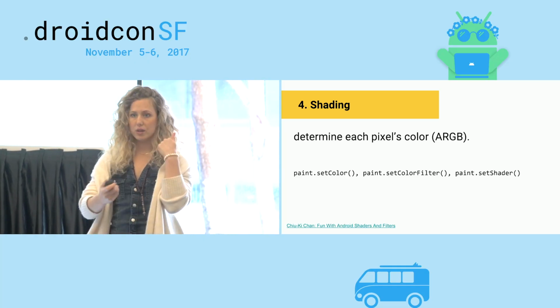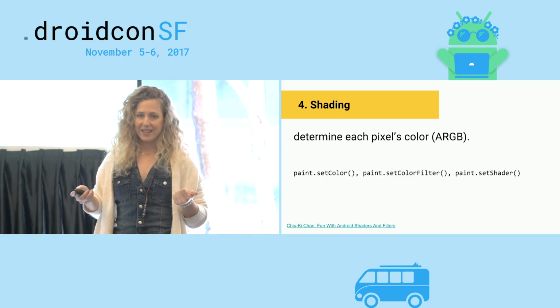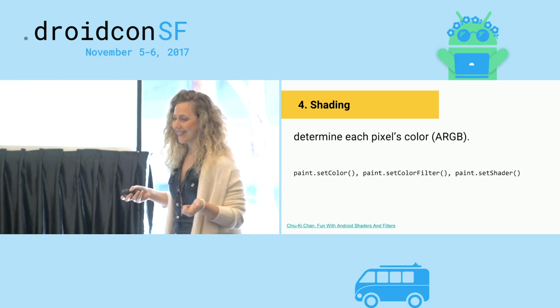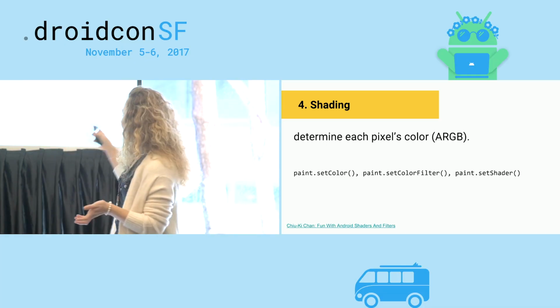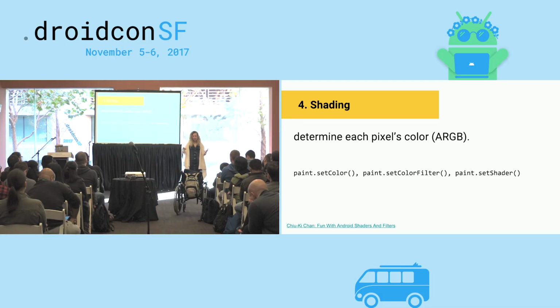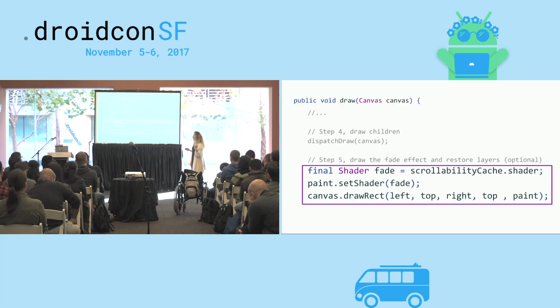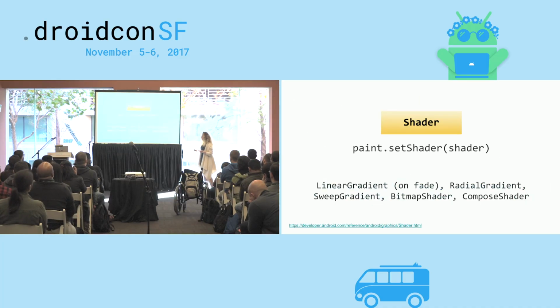Doing something more crazy is the color filter, which you give a matrix, and paint setShader is what we used before, if you remember, on the draw. We created a shader, and we drew a rectangle with this shader. The shader that we're using on the draw for the fade effects is the linear gradient, but there are tons of other things that you can do.